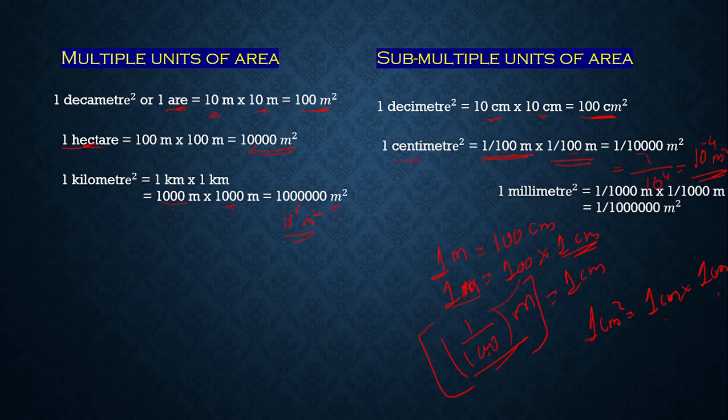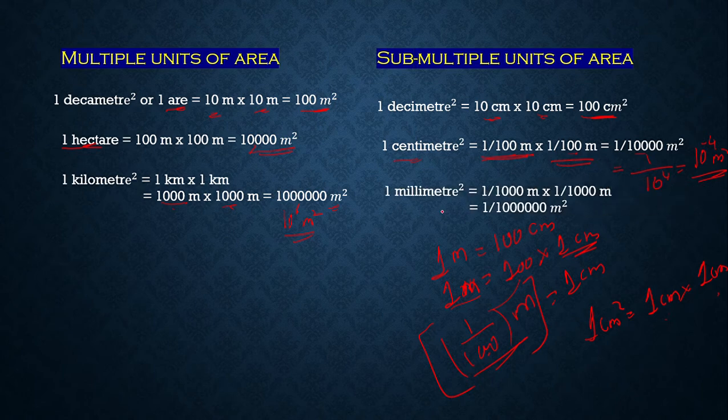All right. 1 millimeter square is, so we know that 1 meter is 1000 millimeter. So 1 millimeter would be 1 upon 1000 meter. Again, for the square you multiply it twice.